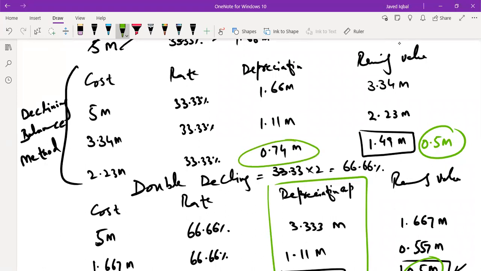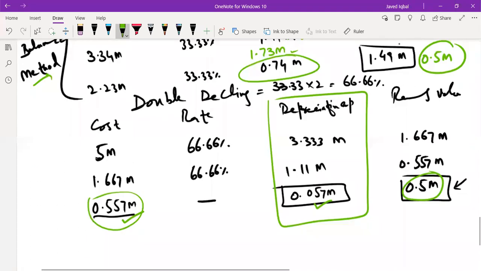For example, 2.23 minus 0.5 will give you 1.73 million depreciation. So high depreciation, low depreciation, and then the highest depreciation. So this makes the statements uneven. So that is why this declining balance method is normally not preferred.